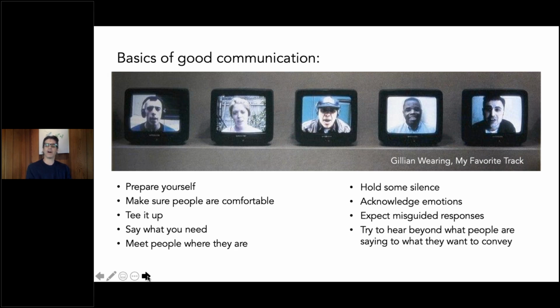But if I really pause and let myself think, what is this person trying to say to me? What do they mean? What's behind their words? Because words are so fumbly. Then usually I get to a much better place with people. And I think that benefit of the doubt, both giving it and receiving it, is really powerful.